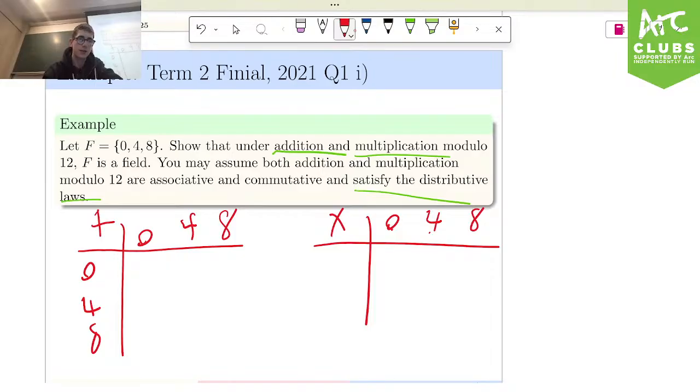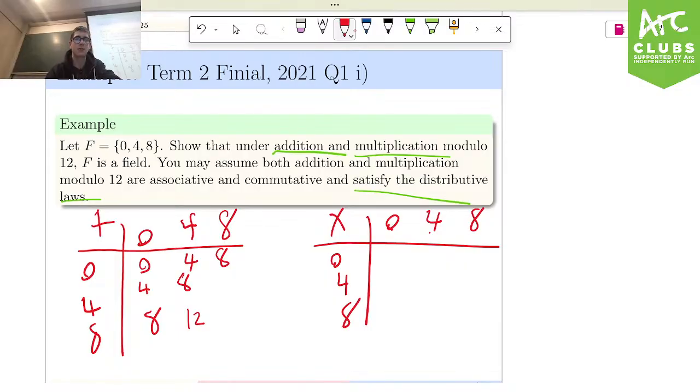So for those of you a bit rusty on your modular arithmetic, I'll just outline briefly what that's going to be. First of all, adding 0 to anything just keeps everything put, but it gets a bit more interesting. Well, this would be 8 because that's 4 plus 4. It gets a bit more interesting when we get to something like 4 plus 8, which is 12.